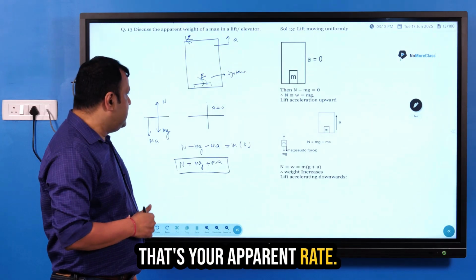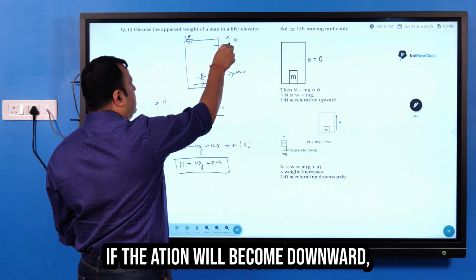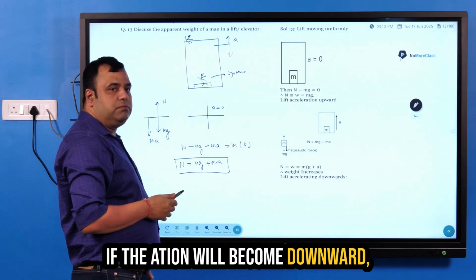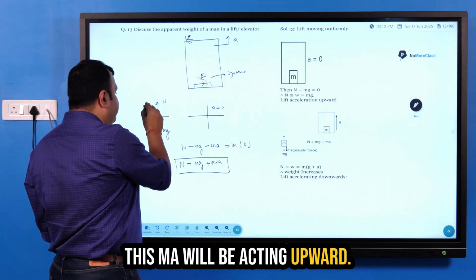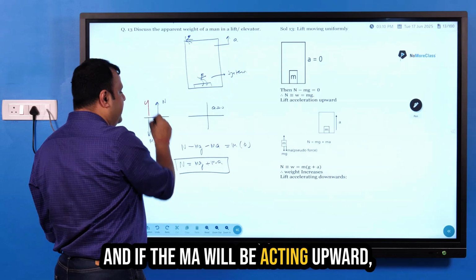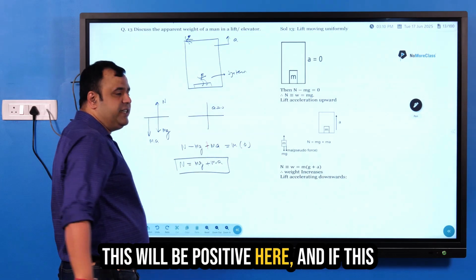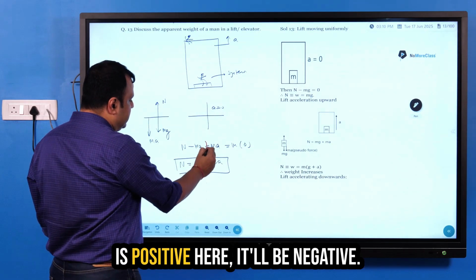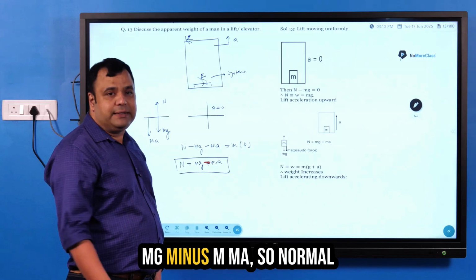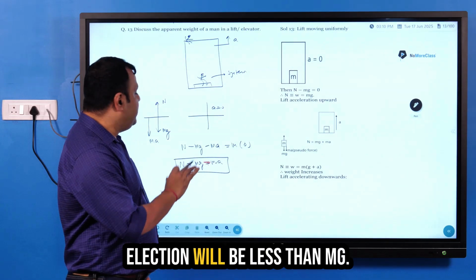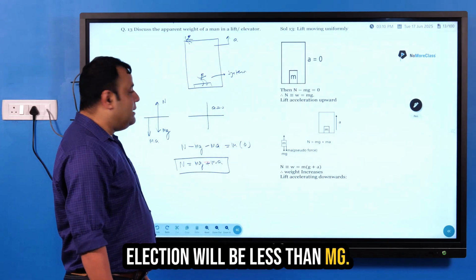That's your apparent weight. Now, in the reverse scenario, if the acceleration becomes downward, this ma will be acting upward. And if the ma is acting upward, this will be positive here, and here it will be negative. So normal reaction will be mg minus ma. So normal reaction will be less than mg.